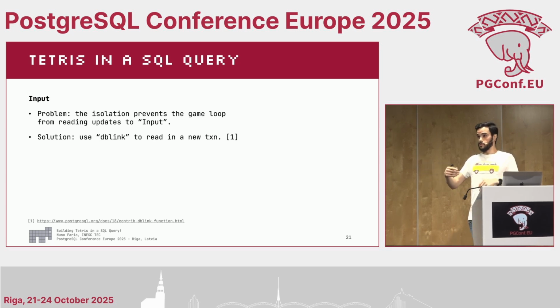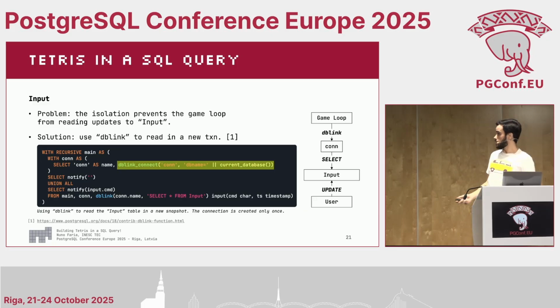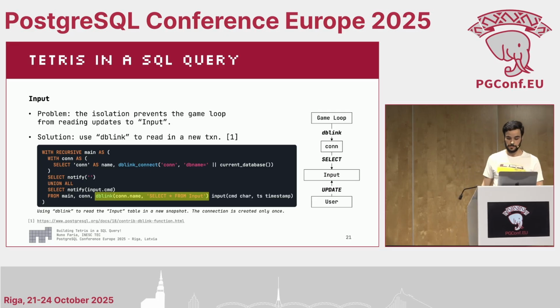We'll connect to the current one, because that makes sense. And we'll use it to open a new transactional context, and thus be able to read updates made to the input table. So we connect only once at the start, and then in each iteration, we can use that dblink extension to get the result from the input table.